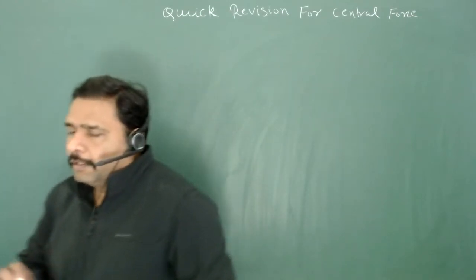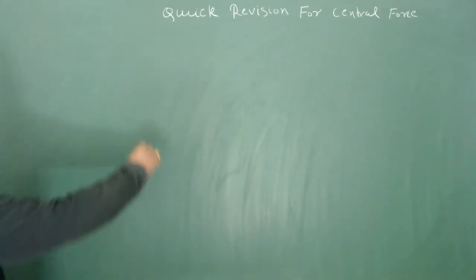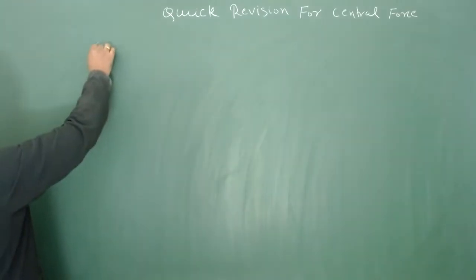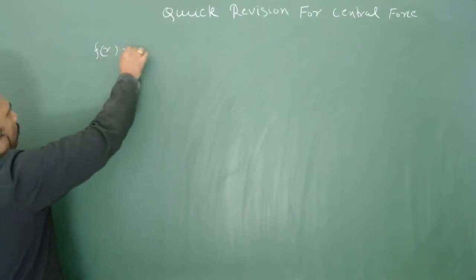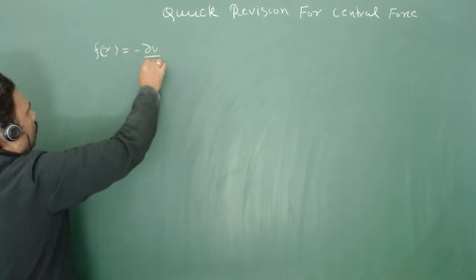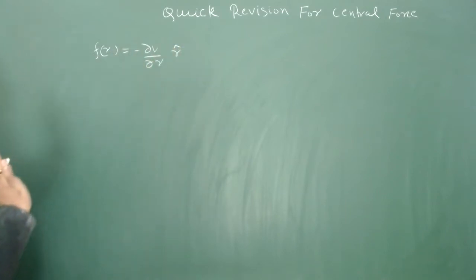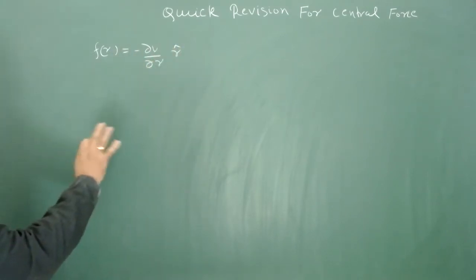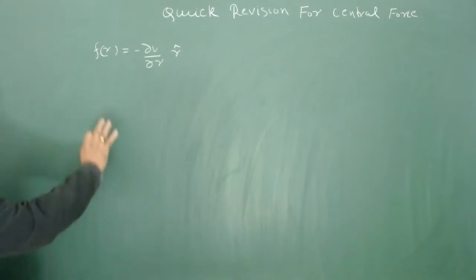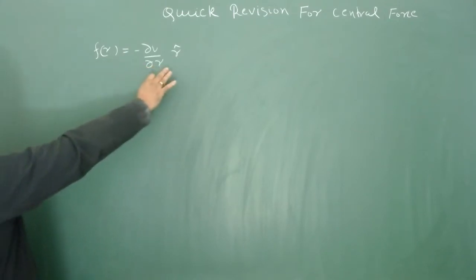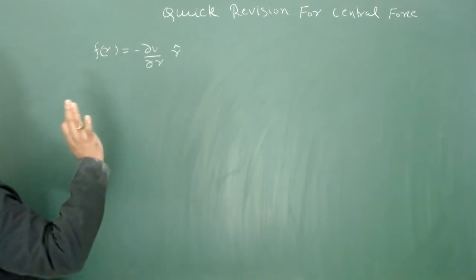So first of all, in a central force, generally force is defined as minus del V upon del r, and it is only in the direction of r. So we have a lot of properties, hence your force is central. This V is potential energy.